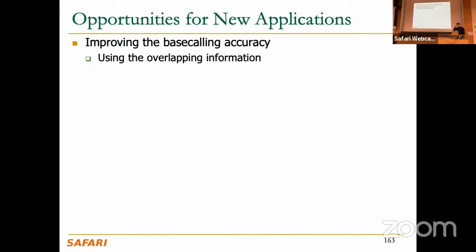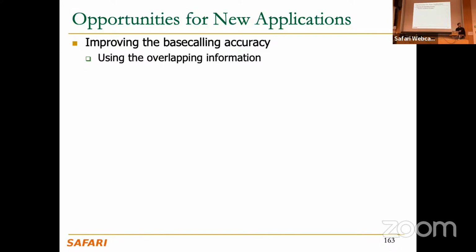As we approach the end of the slides, I want to reiterate some of the points that I've been saying. But actually before that, I'll illustrate what other directions we can follow using this overlap information. One direction is that we can use this overlap information to maybe improve the base calling accuracy.